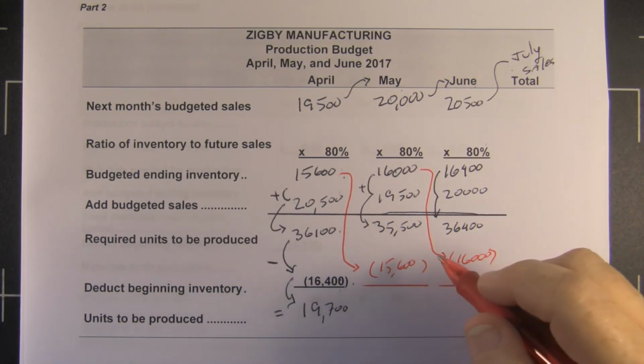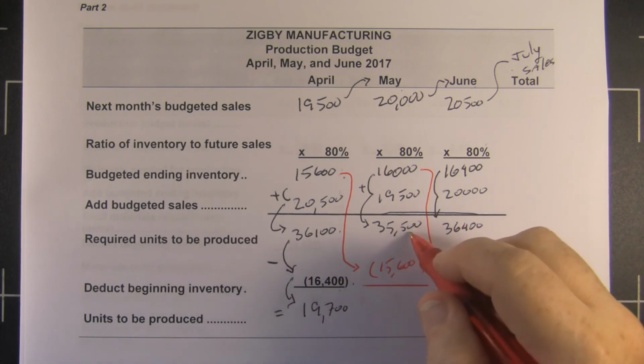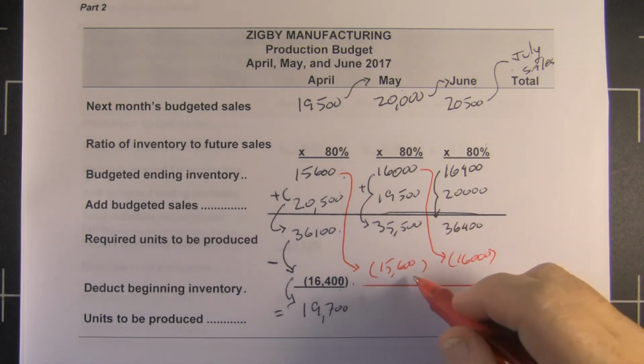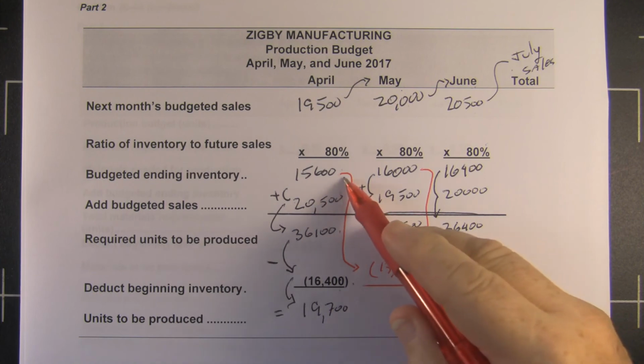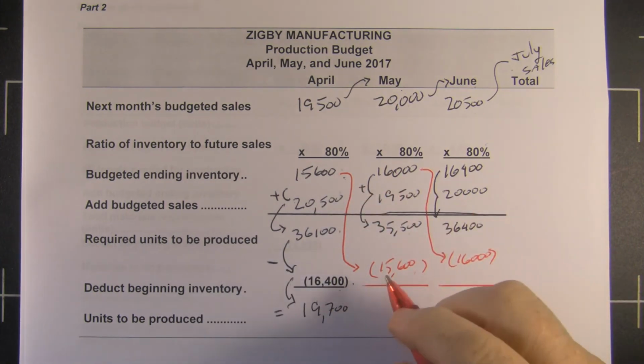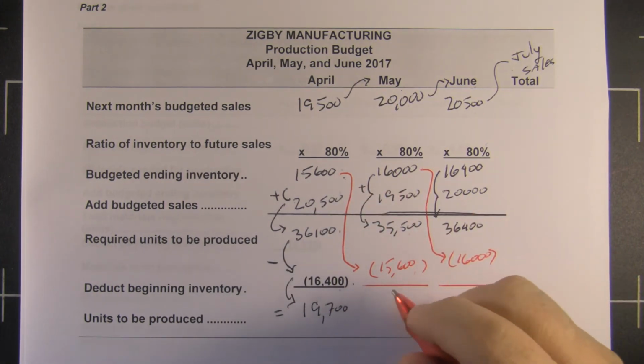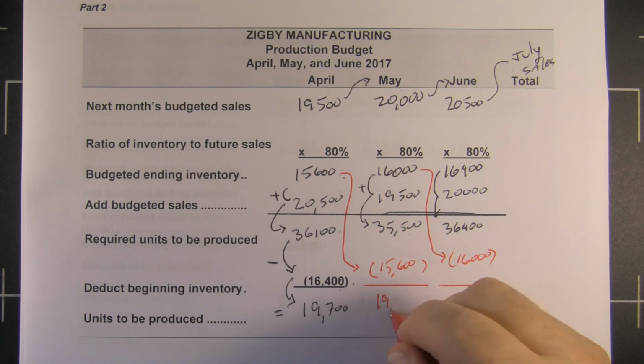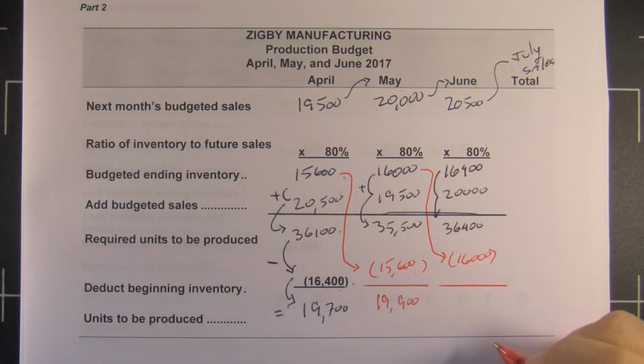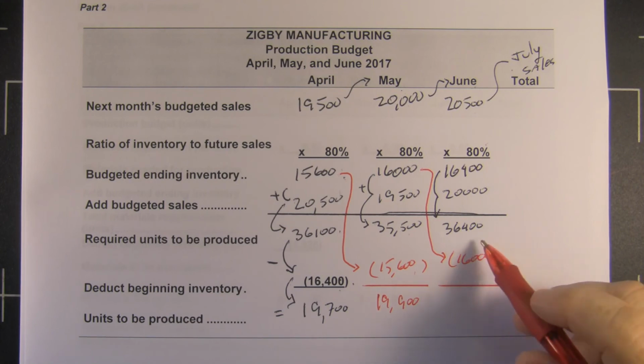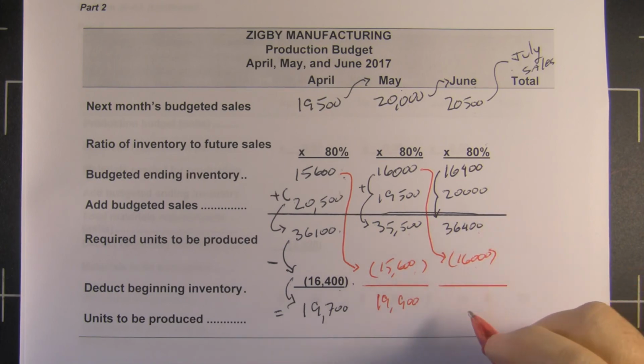At the very minimum, we need 35,500. We had 15,600 on hand. So in May, we need to produce 19,900. In June, we need to produce at a minimum 36,400 minus the 16,000 that we had on hand gives us 20,400.